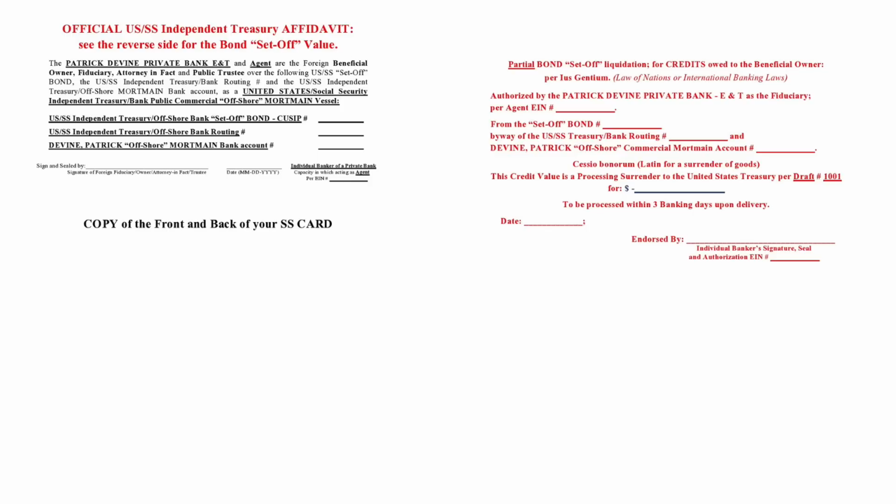Okay. The set-off bond number is basically the numbers on the back of the Social Security card. The bank routing number, Treasury bank routing number, is your Social Security number. And then the commercial Mortmain account number is basically your last name first, then your first and middle name, offshore commercial bank account or Mortmain account, and that's your Social Security number without the dashes.